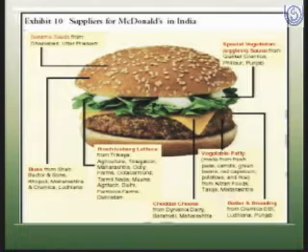Now, these are products produced by different microeconomic agents or producers, and McDonald's is efficiently liaising with these companies, which is basically a strong supply chain network.